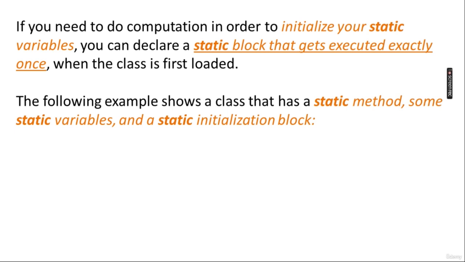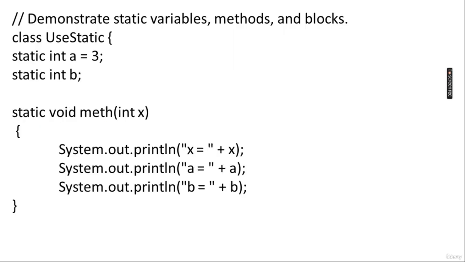The following example shows a class that has a static method, some static variables, and a static initialization block. In this class, we have created static int a is equal to 3, static int b. Then there is a static method. These two members are declared as static. This is a static method.